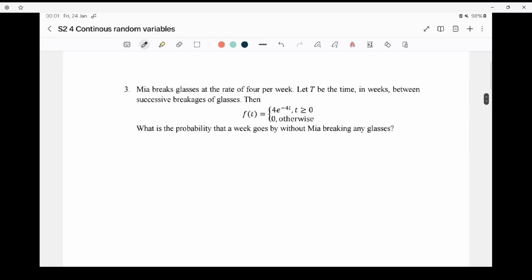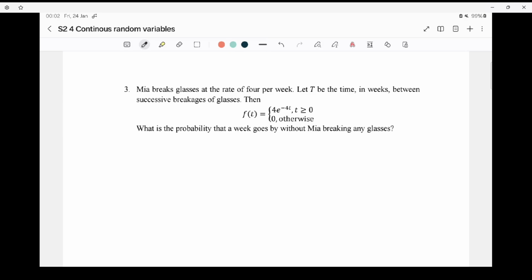Third question. Mia breaks glasses at the rate of 4 per week. If t is the time, in weeks, between successive breakages of glasses, then you are also given the probability density function. So you are asked to calculate the probability that 1 week goes by and Mia did not break any glass.